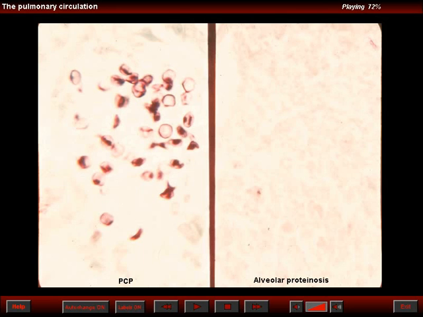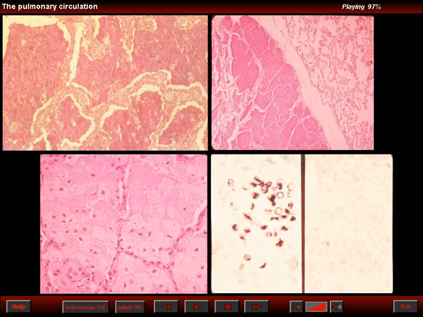So on special stains, one can recognize the cyst of Pneumocystis carinii, as noted on the left side of the slide, but when applying a PAS stain, the material that represents the cyst is not visualized. So it is possible on histological grounds and by the distribution of the pathology to rule out a relatively similar entity that is PCP.